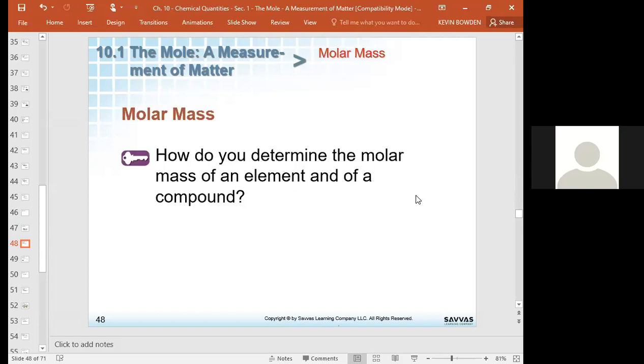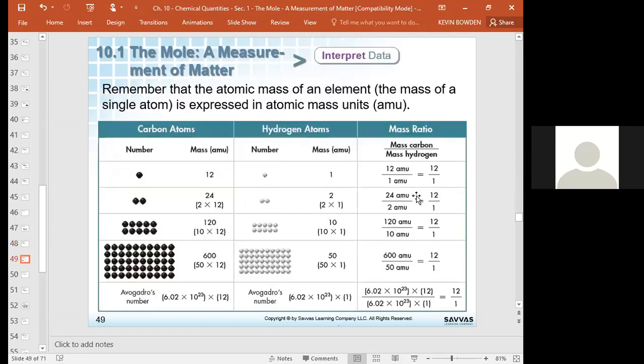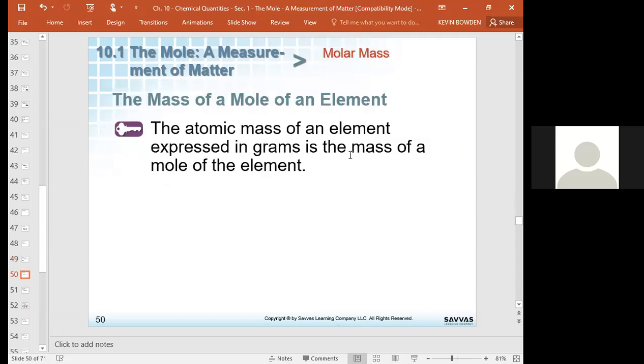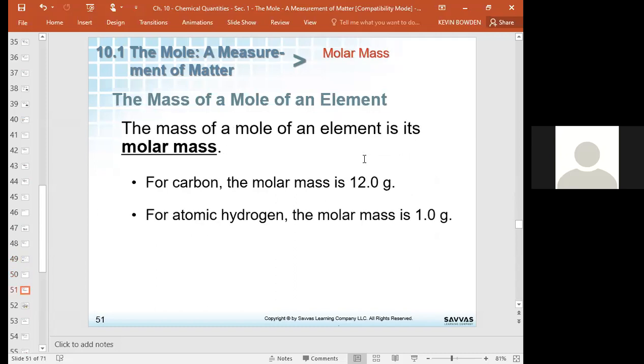Same number, just changing the unit. Again, I'm not going to go into all the detail here, but it's 12 to 1. We use grams, not kilograms. And so 12.0 grams for carbon is the molar mass, and it's 1.0 for hydrogen.